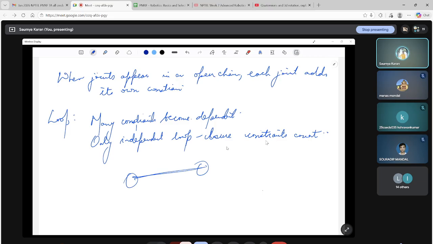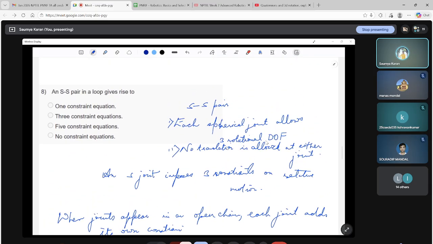So even though the positions are 3D and rotations are 3D, the loop closure imposed by an SS pair only enforces constant length between the two joints, right? That just gives one equation. So we just have one constraint equation.